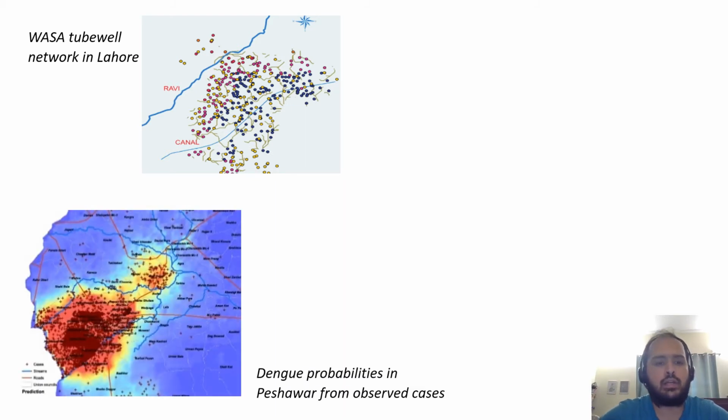And on the screen right now, what you see is a map for dengue probabilities in Peshawar. Now you can see that the probabilities have been calculated at every point of the map, but we only have observations where there are red crosses that are shown. All right, so the same sort of problem we deal with over here.